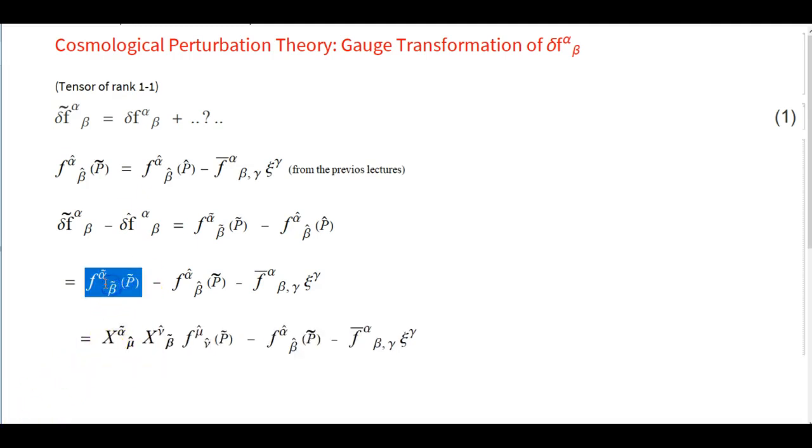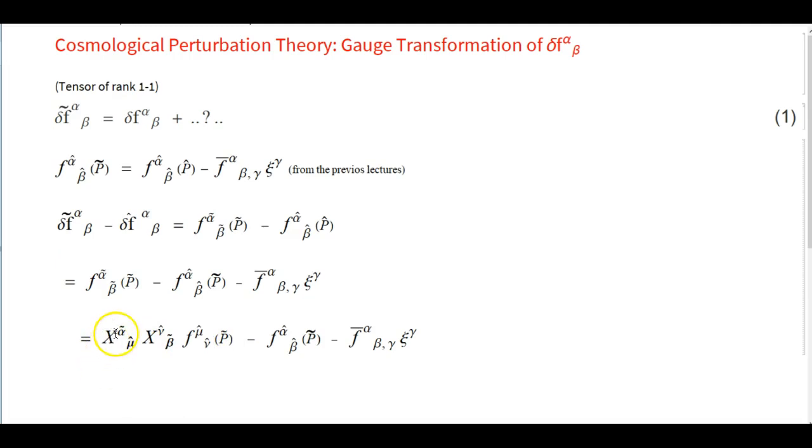So this f alpha tilde beta tilde at p tilde from gauge 2 at point p tilde can be written in terms of its value in gauge 1 at the same point using this transformation relationship.